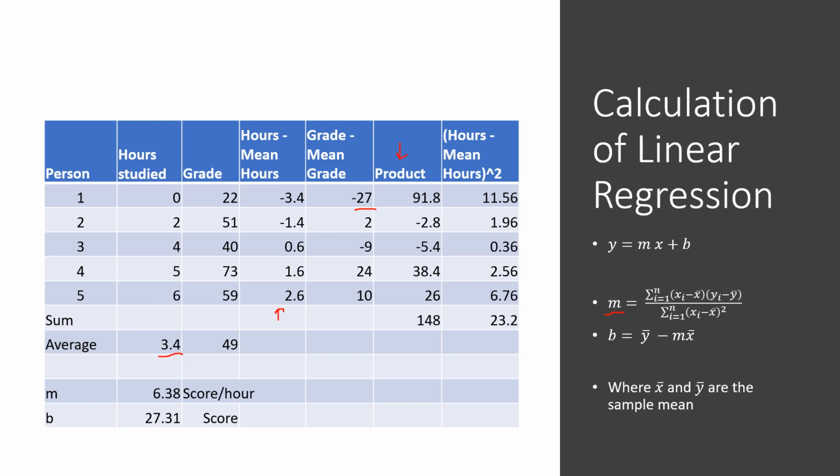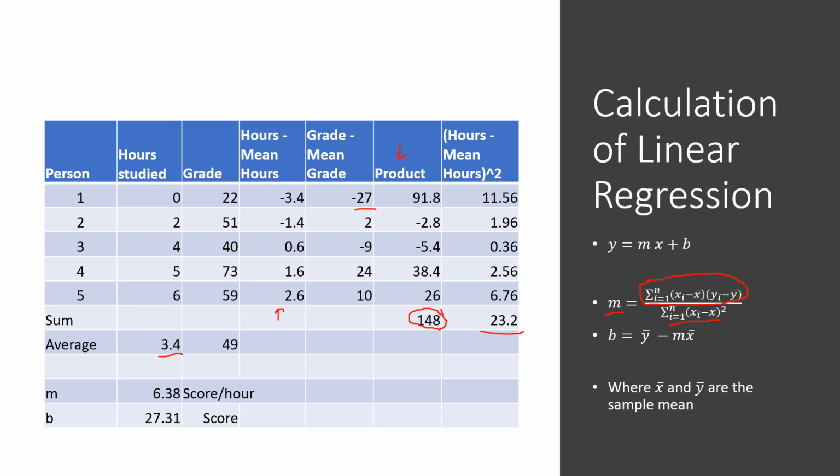Now to do this summation, the summation in the numerator is essentially this value here, 148. The summation in the denominator is this value over here, 23.2. So m is essentially going to be 148 divided by 23.2.